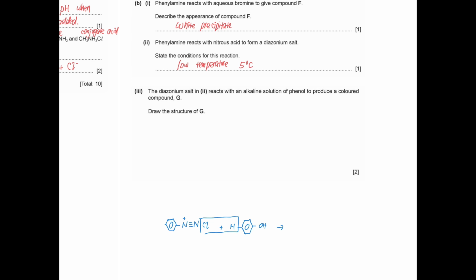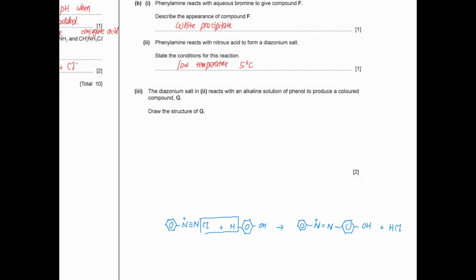Then they will form a benzene ring with N, no more triple bond because they want to form another bond with the ring. So they will form this structure, with OH, plus HCl.